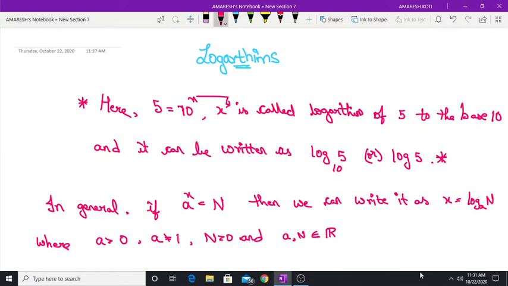This is very important. In general, if a power x equals n, then we can write it as x equals log n to the base a. Simple, no?